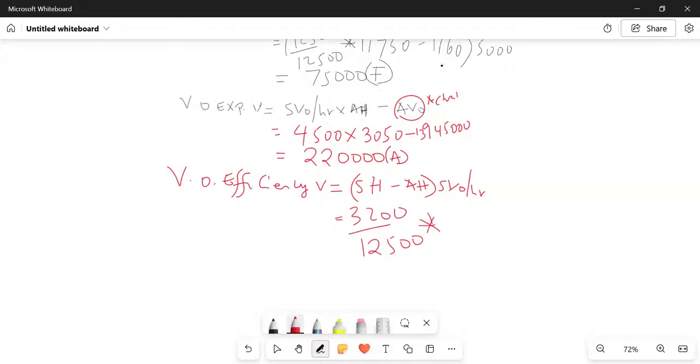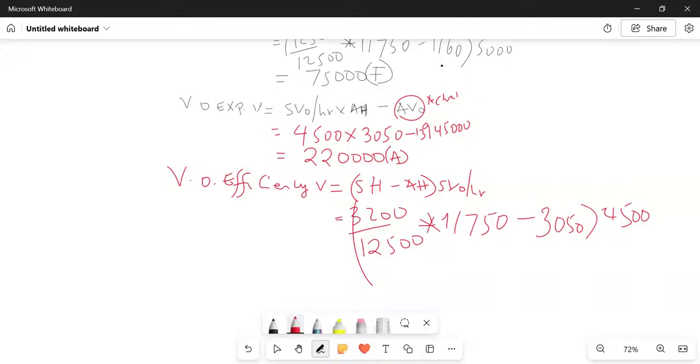The actual hours were 11,750. So times 11,750 minus actual hours, 3,050, times standard variable overheads per hour, which is 4,000.